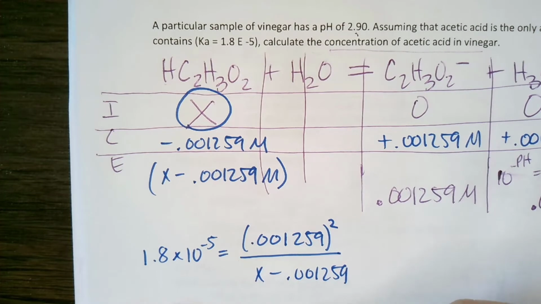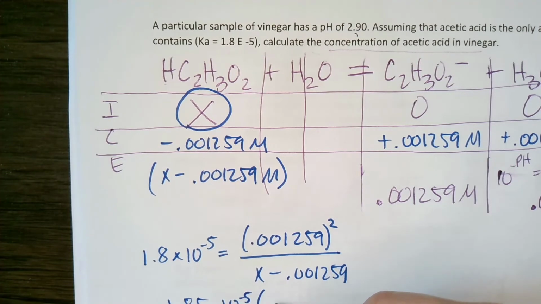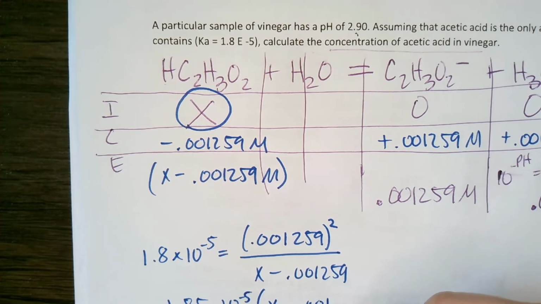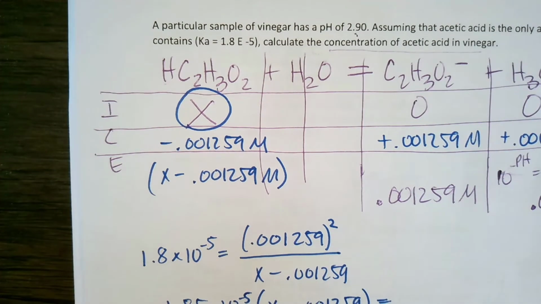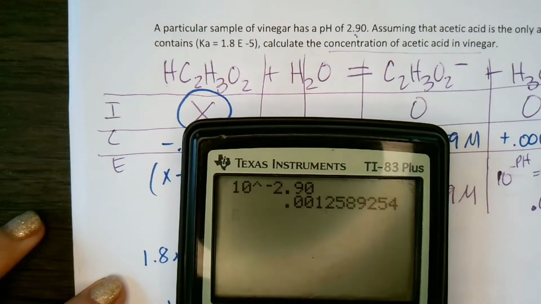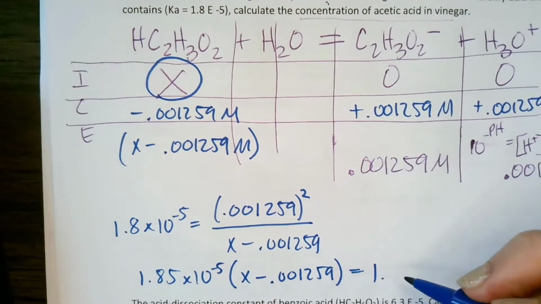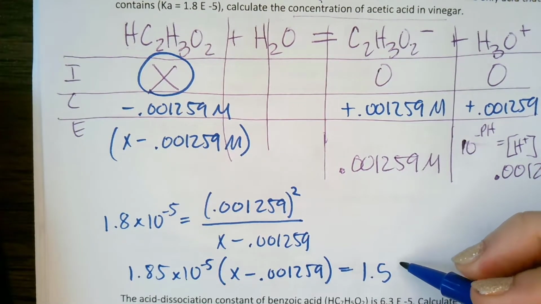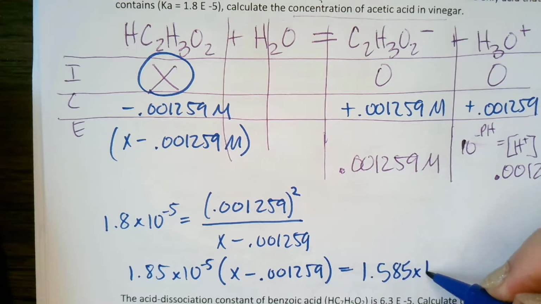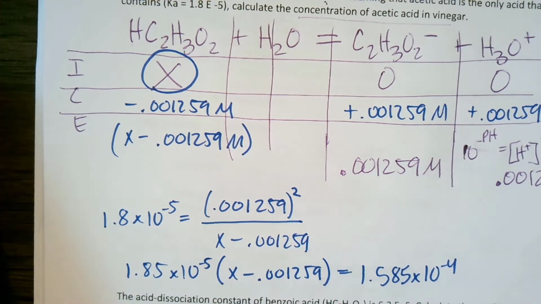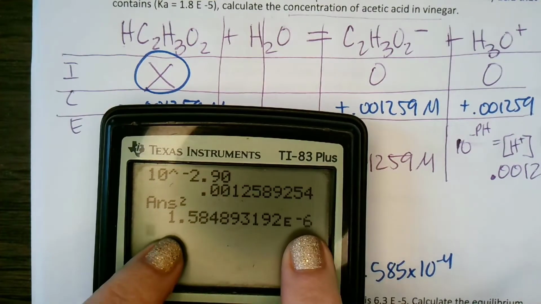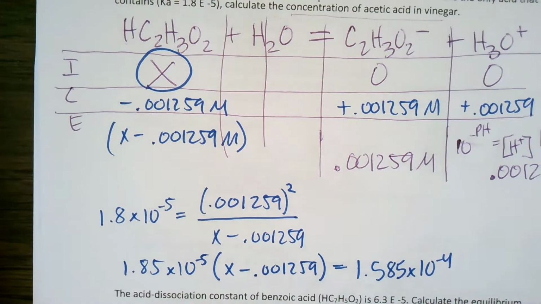So I will have 1.8 times 10 to the negative fifth times X minus 0.001259 equal to 0.001259 squared. Let's just take our answer and square it. So we would have 1.585 times 10 to the negative fourth. Oh, I'm sorry, negative 6. 1.585 times 10 to the negative 6.